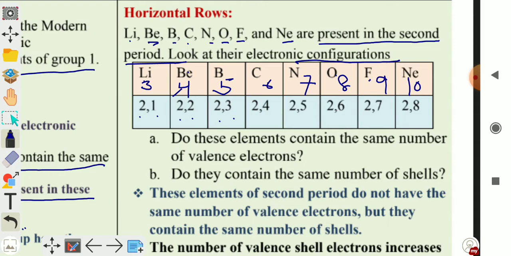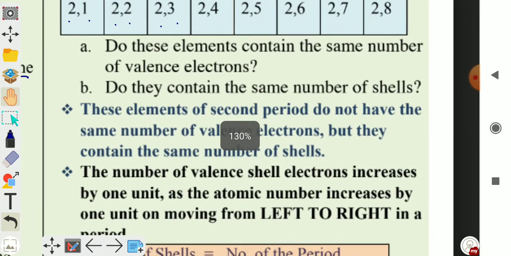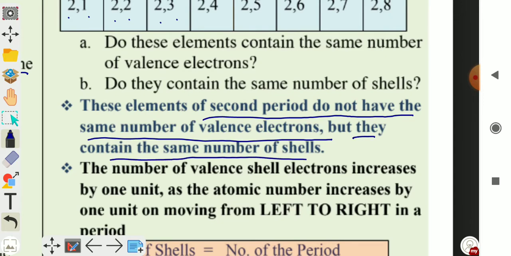So all these elements contain the same number of shells, that is 2 shells, and the number of valency electrons increases by 1. These elements of the second period do not have the same number of valence electrons, but they contain the same number of shells.